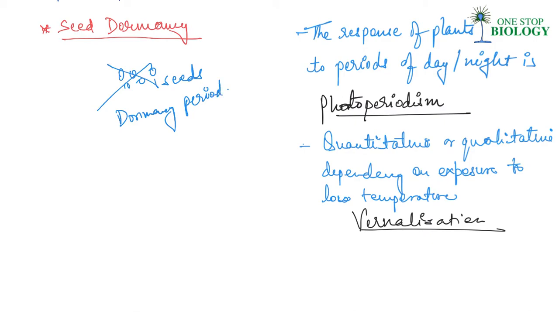which is controlled not by the external environment but by the endogenous conditions within the seed itself, right? The seed coat may be hard and impermeable, and there may be chemical inhibitors like abscisic acid, phenolic acid, and para-ascorbic acid, and immature embryos are again some of the reasons which cause seed dormancy.